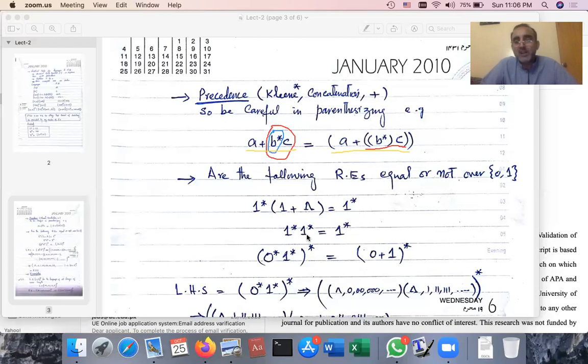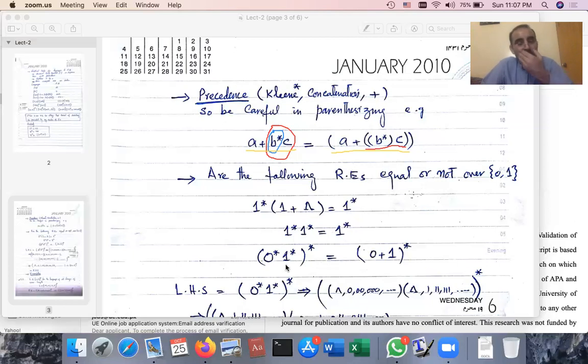Again, 1 star into 1 star, this is a concatenation and it is equal to 1 star. Yes, it is clear. 1 star means all possible strings of ones including null, concatenated with all possible strings of ones including null. So what I will get? I will get 1 star, all possible strings including null. So that's why this is again true.